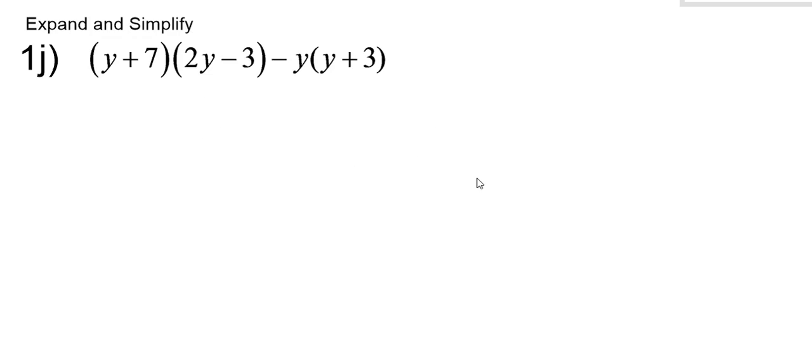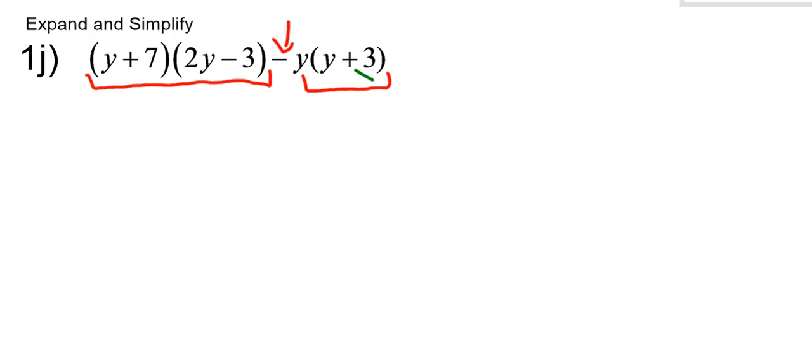So the next one, 1J, says, again, expand and simplify. So here, when you look at this question, you should see that you have multiplication, subtraction, and multiplication. So obviously, I have to deal with both multiplication steps before I even think about doing that subtraction step. And one thing that I find very useful in a question like this is I'm going to actually put giant brackets.